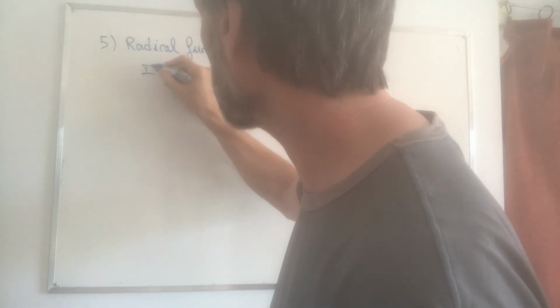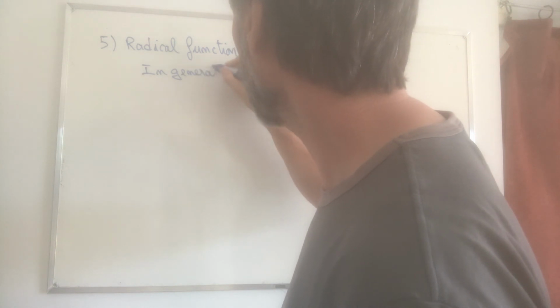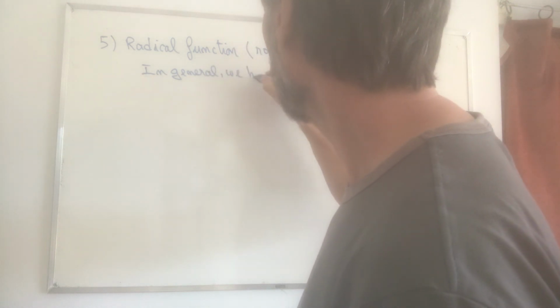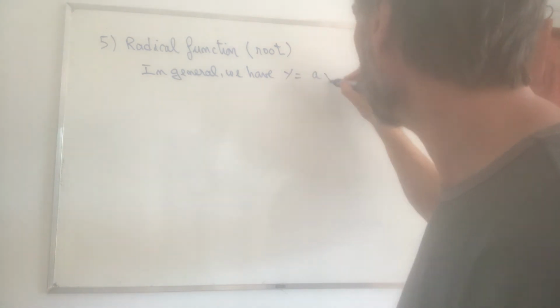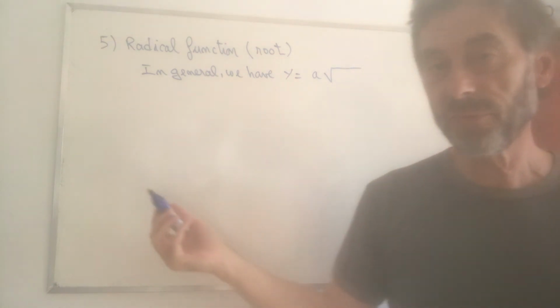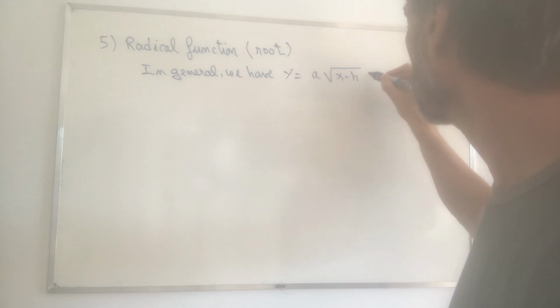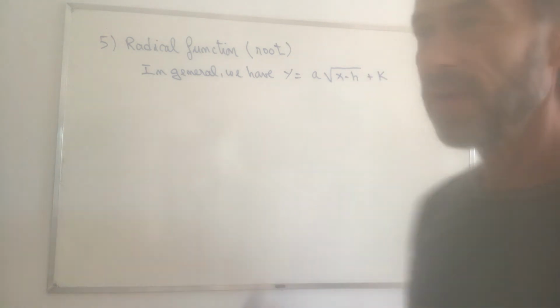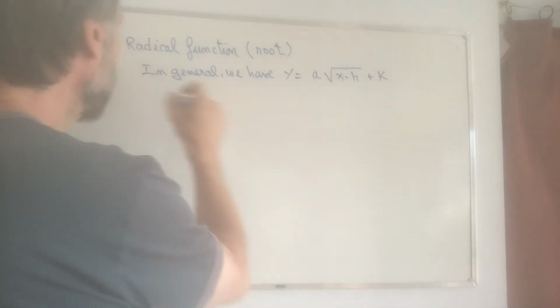So in general, what does it look like? In general, we have y is equal to a, and I'm going to use a square root here. You can have cube roots, fourth roots, all sorts of roots. And I'm going to have x minus h plus k, the famous hk notation that we are used to from high school. Hk is a vertex.